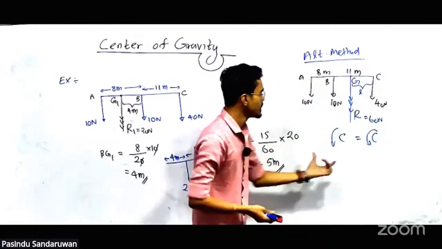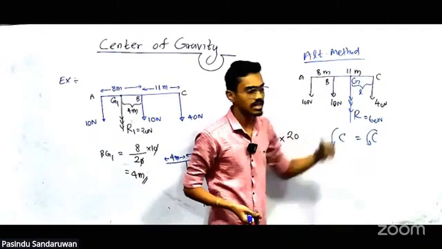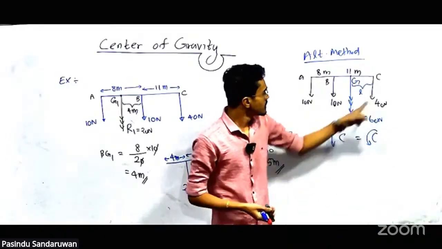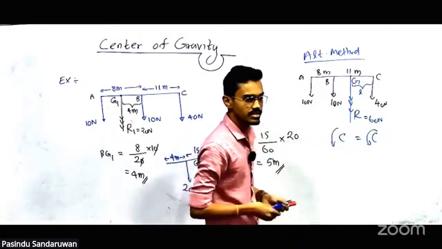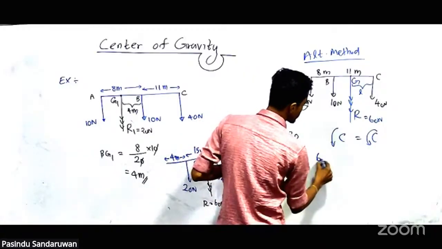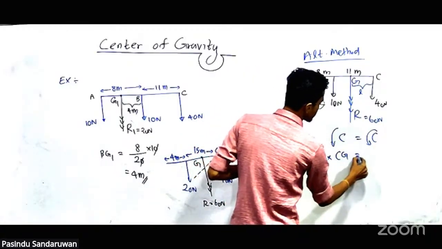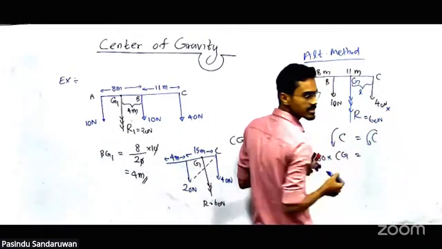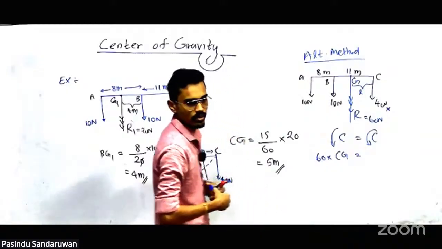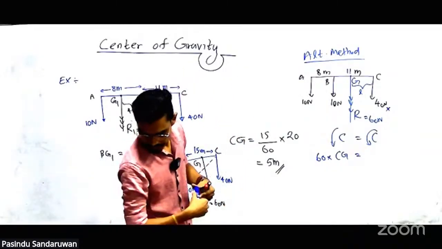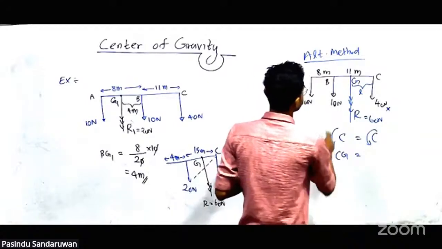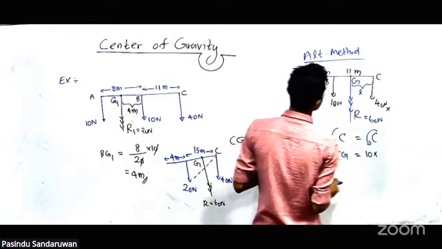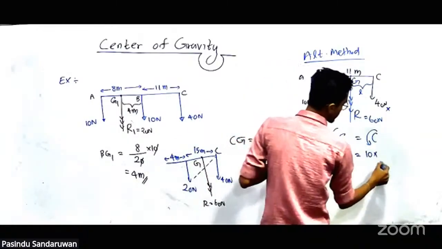So on this side, I'm going to write the force moment using the resultant. The force moment about C due to the resultant is 60 times CG. And when we consider C, 40 is not contributing. By 10, there's a force moment coming in the same direction: 10 times 11.